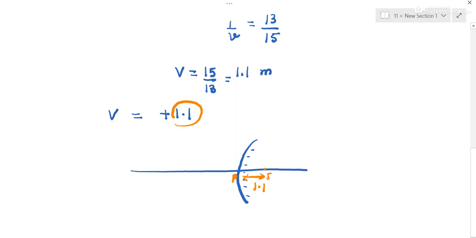So the position is behind the mirror. And what is the nature? If it is behind the mirror, you all know already, the nature will be virtual and erect.